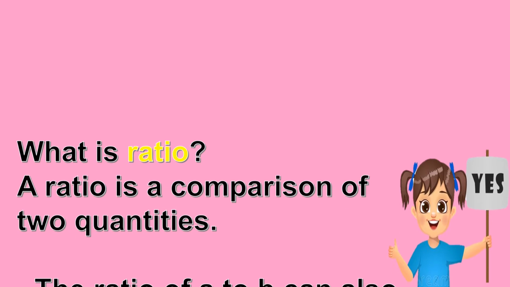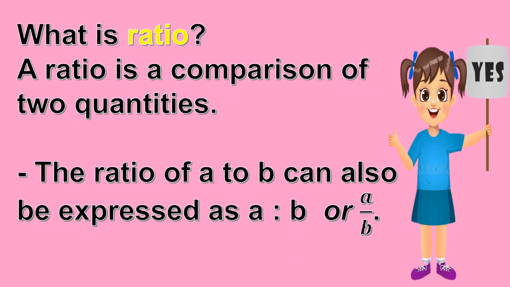Next, what is ratio? A ratio is a comparison of two quantities. A ratio of A to B can also be expressed as A is to B or A over B. These are the two ways of expressing ratio.